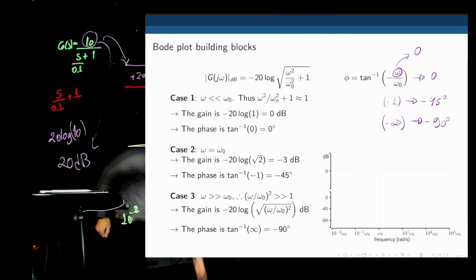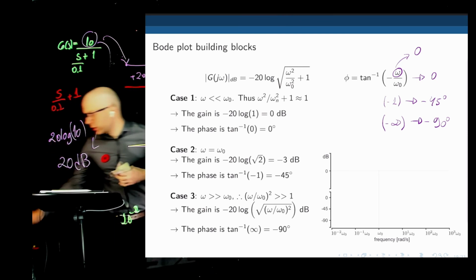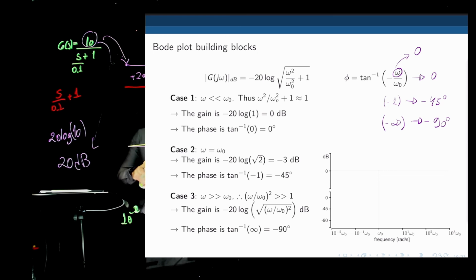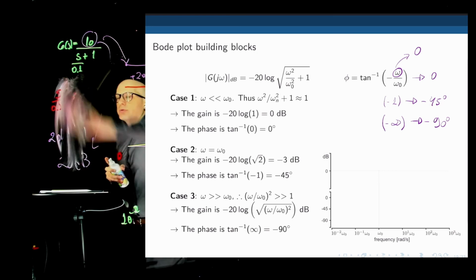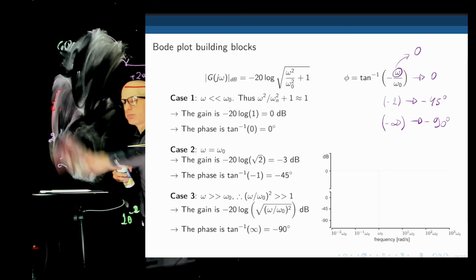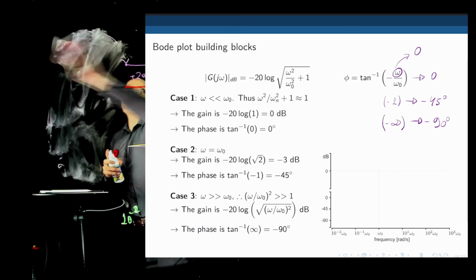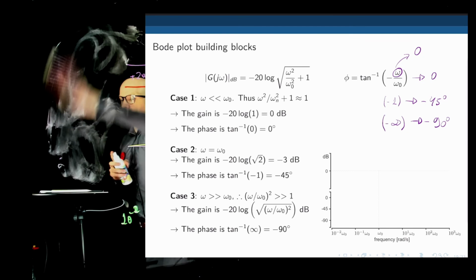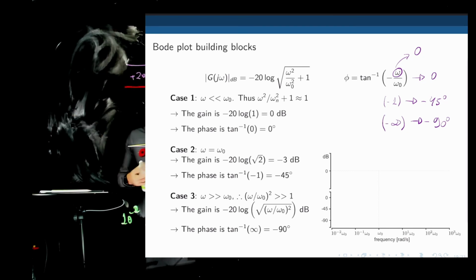All right, I just want to erase this, and you're going to see one last building block. We won't have time to do an exercise, but I will post the solutions. And I have for Bode plots a bunch of videos already made. You can watch those for extra practice.